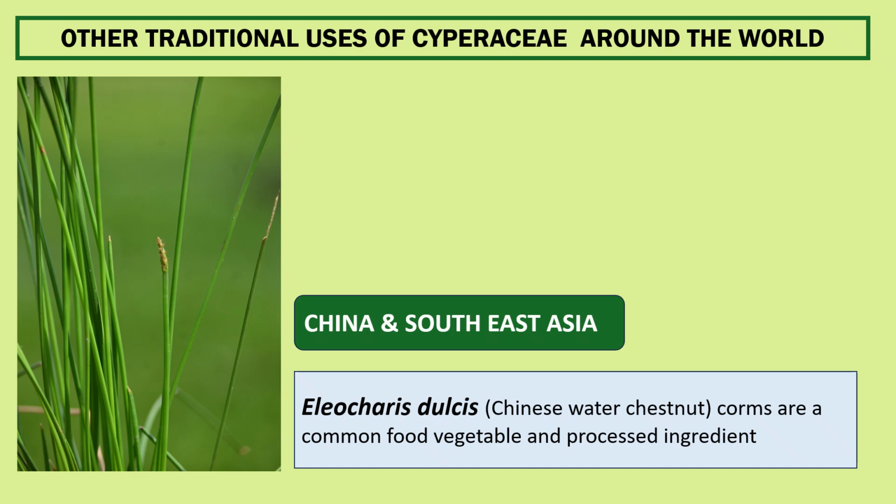So the corms are consumed as food vegetables, or you can consume them fresh, slightly sweet in nature. They can also be consumed as a processed ingredient. So you will find consumption of these tubers in China and Southeast Asia.